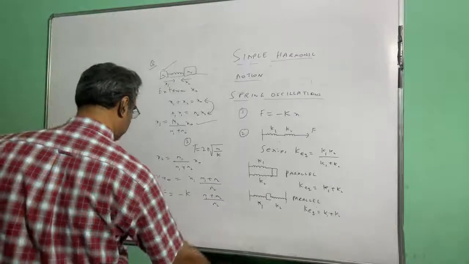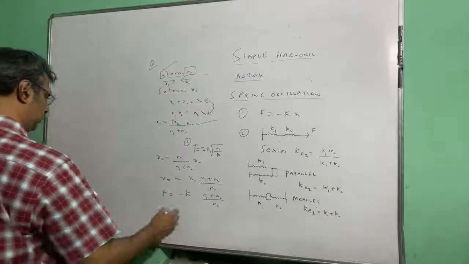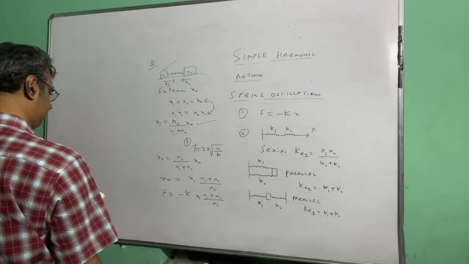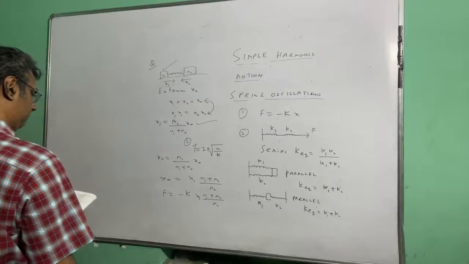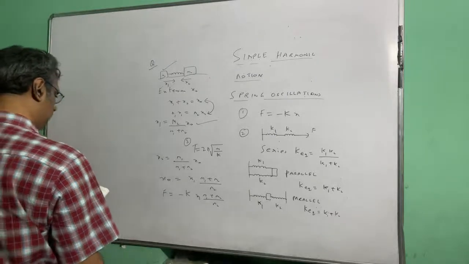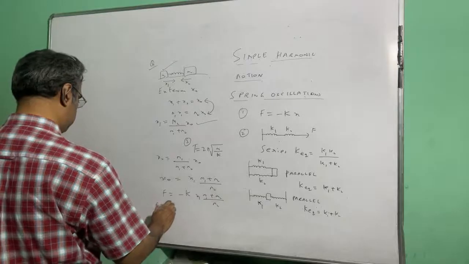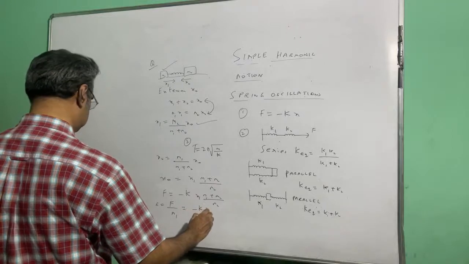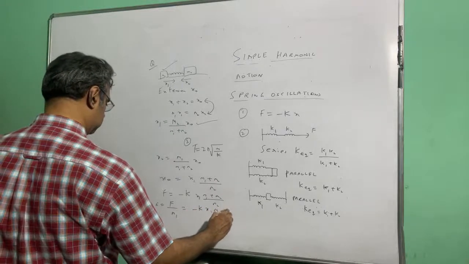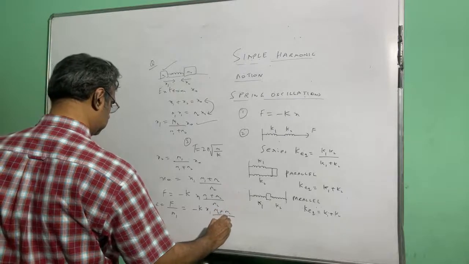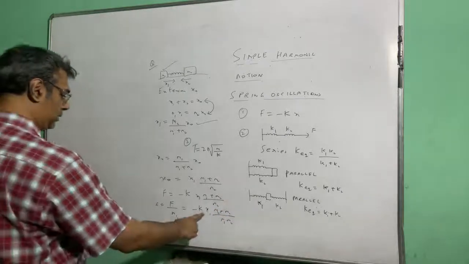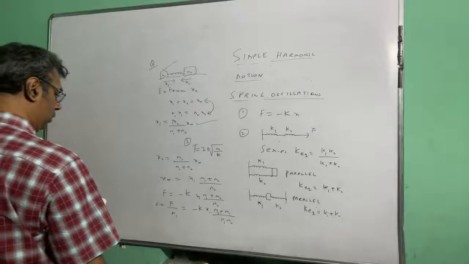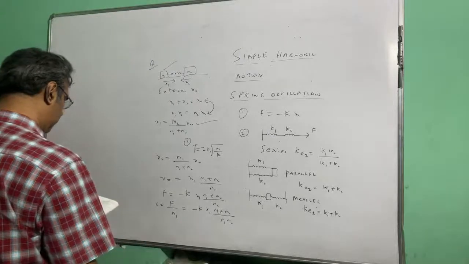So that is minus k into this quantity, and acceleration will be force by mass. So that is minus k x1 into m1 plus m2 by m1 m2. This will be the acceleration, and you know acceleration is minus omega square x.